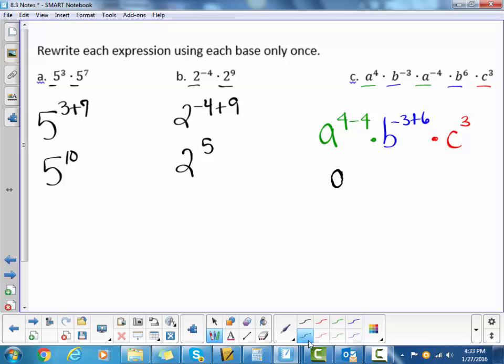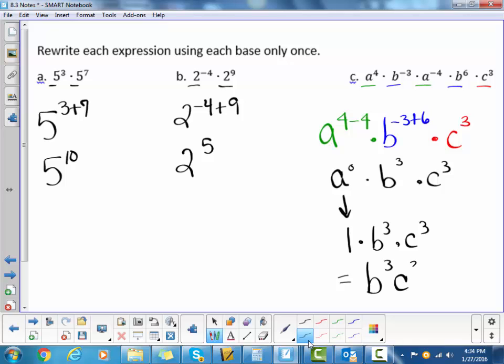A to the 4 minus 4 is a to the 0. And from yesterday's lesson, you remember a to the 0 is the same thing as 1. B to the negative 3 plus 6 is b cubed. And c cubed is just going to stay c cubed. So I have 1 times b cubed multiplied by c cubed, which is the same thing as b cubed multiplied by c cubed.